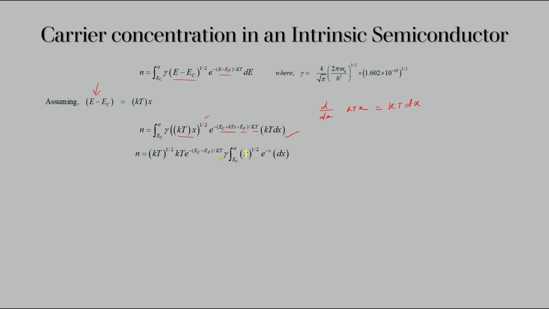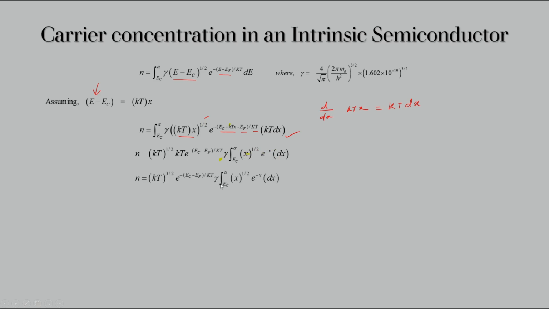The remaining part inside the integration will be e to the power minus x, because KT and KT get cancelled, and from this term we are getting x to the power half. So x to the power half and e to the power minus x will remain inside the integration, right?